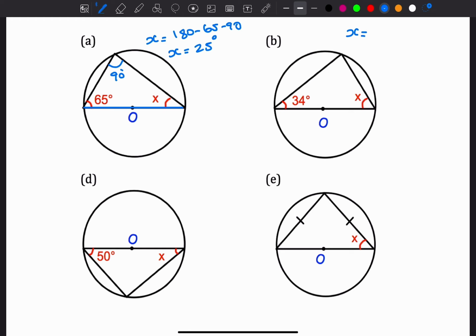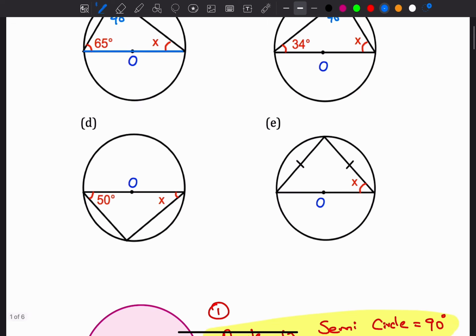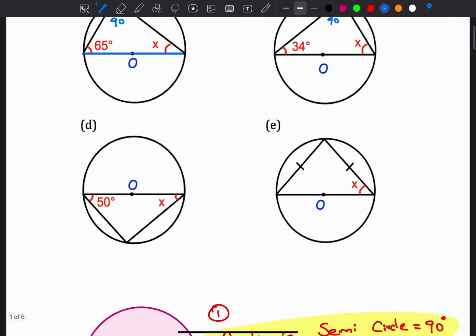X is 180, this is 90 anyway, minus 34 minus 90, and x will give you 56 degrees. Same thing again. This is angle in a semicircle is 90. X equals 180 minus 50 minus 90, which is 40 anyway. You don't need any calculation, just do it in your head.